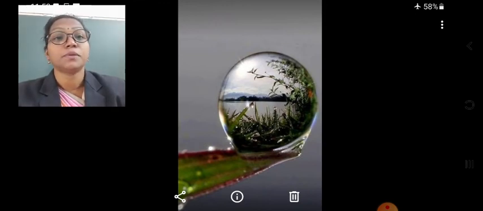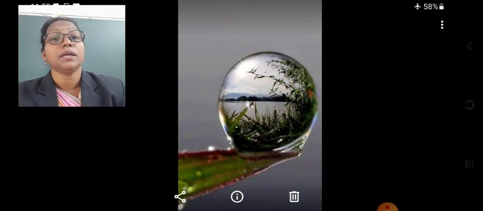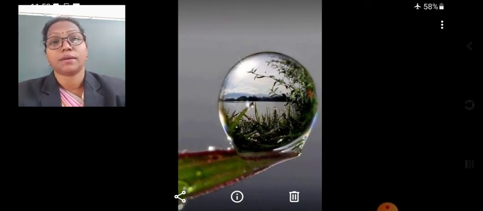Different types of images are formed on the drop of water.